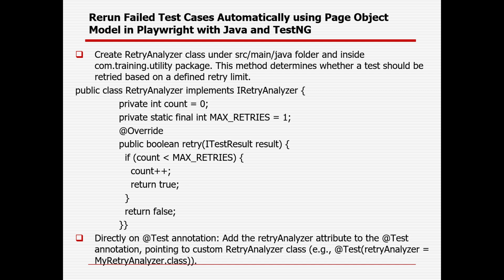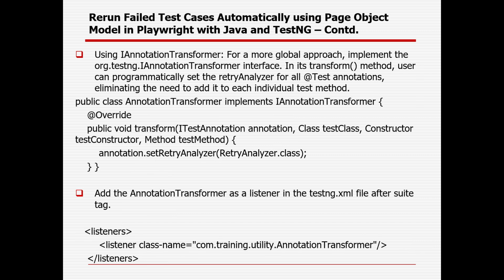And in case you do not want to add it at individual level, if you want to do the complete automation, you can create another class where you implement IAnnotationTransformer, and you use the setRetryAnalyzer method with the retry class you have already created. And then you need to add this last class into the listener tag of the testng.xml file.